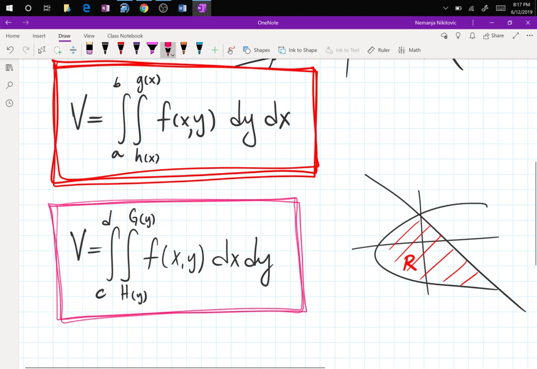Now, the largest issue here is the way to set up the integral, and calculating is obviously not a problem. Right? If you know how to integrate, you're done. And usually they're basic integrations. The issue that you run into is not being clear which way to set up the integral. Should I use dx dy or dy dx?